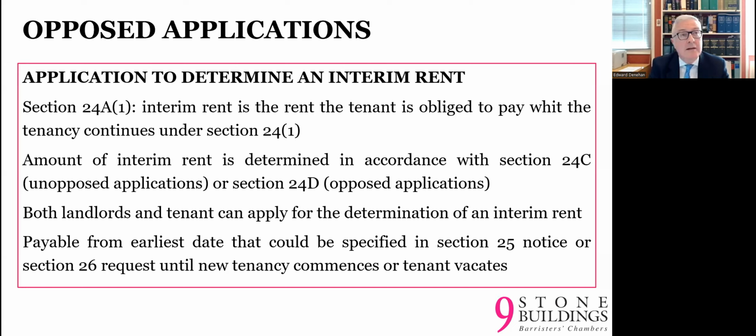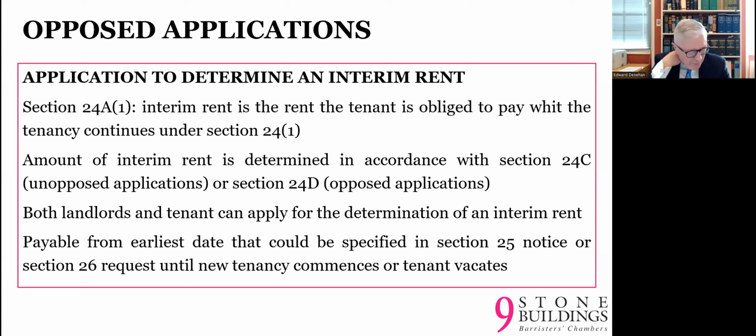The earliest date that could be specified in the section 25 notice to determine the tenancy was the 24th of March. So that means the interim rent in our case, if an application is made, would be payable from the 24th of March 2024 until the tenant vacates, and if it was an unopposed case, until the new tenancy commenced.